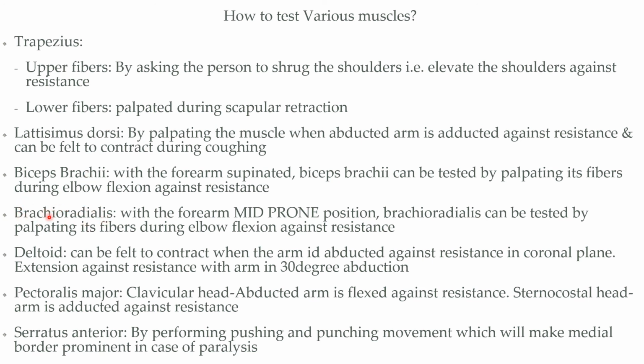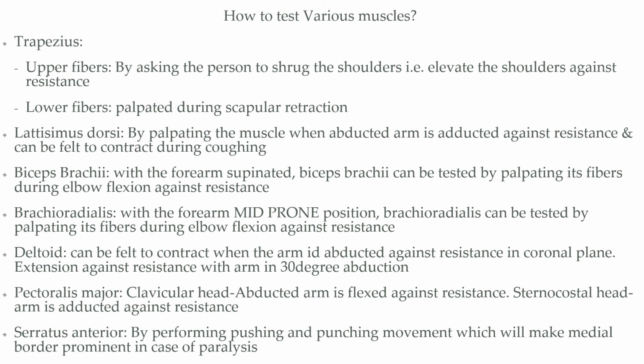Brachioradialis can be tested again by asking the subject to perform flexion at elbow joint, but in this case, the forearm should be in mid-prone position. Deltoid can be tested by asking the subject to perform abduction at shoulder joint.